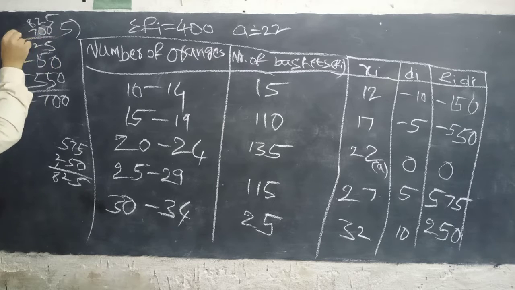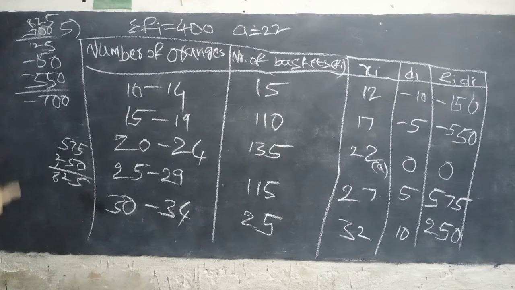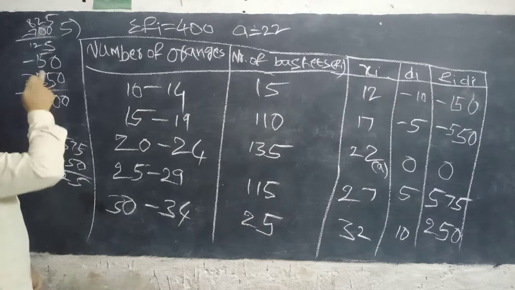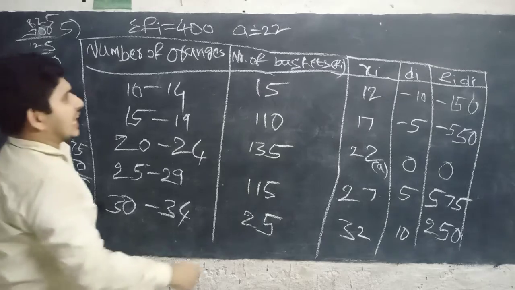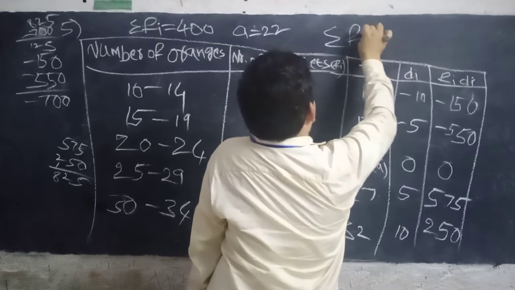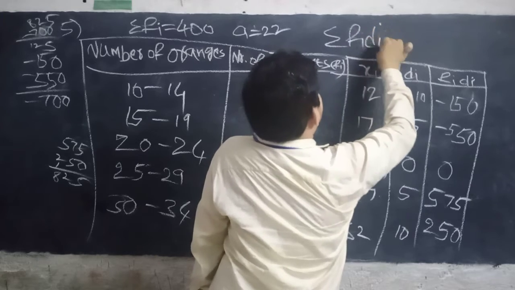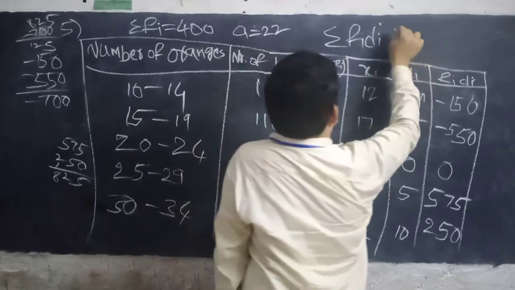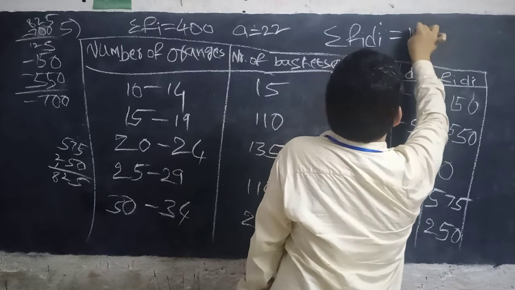In this, which is bigger? 825 is bigger, so the 125 can have a positive symbol, plus symbol. So sigma fi dA equal to how much? 125.